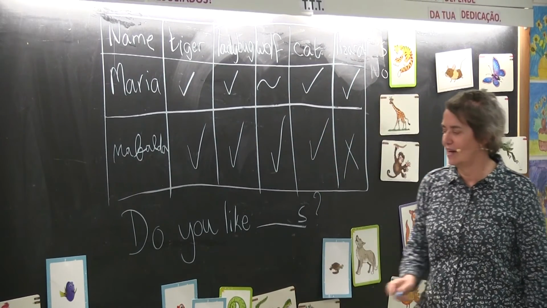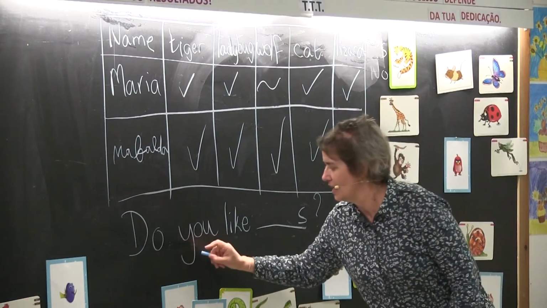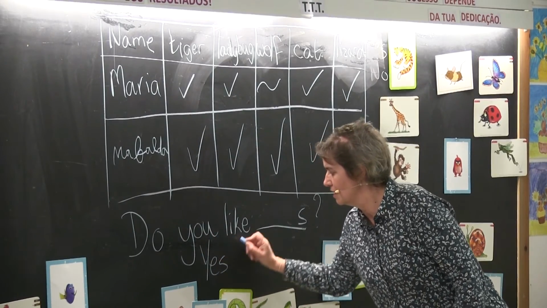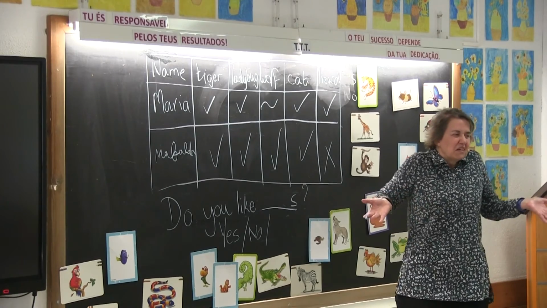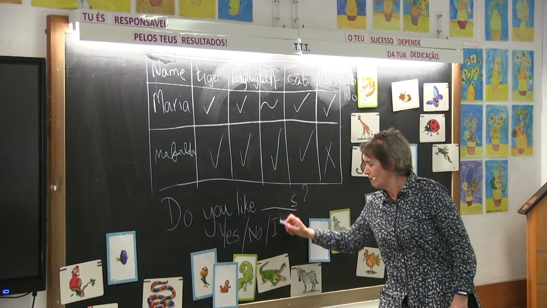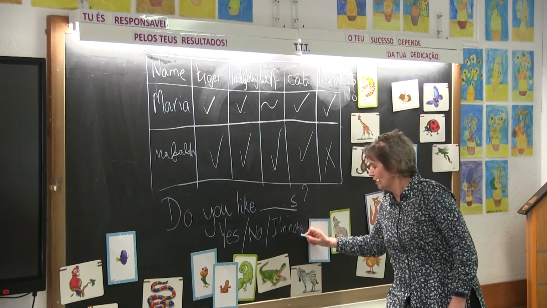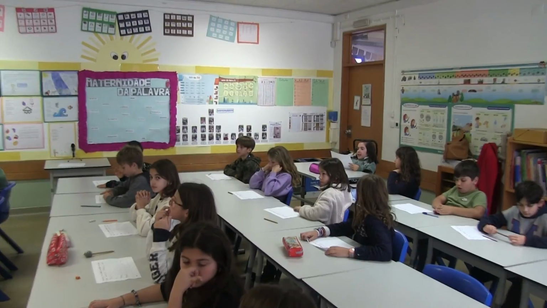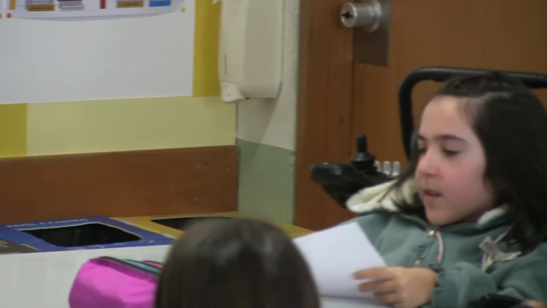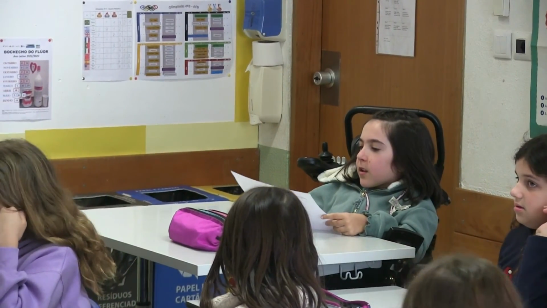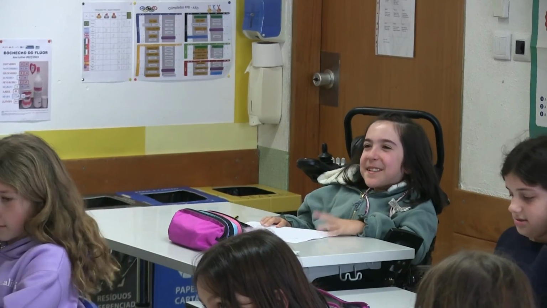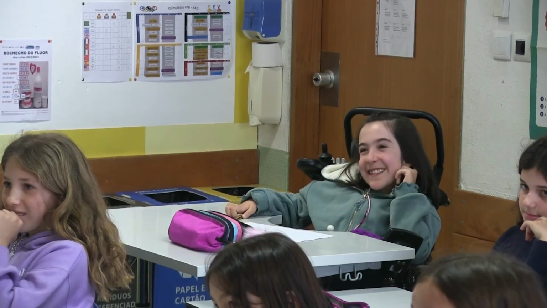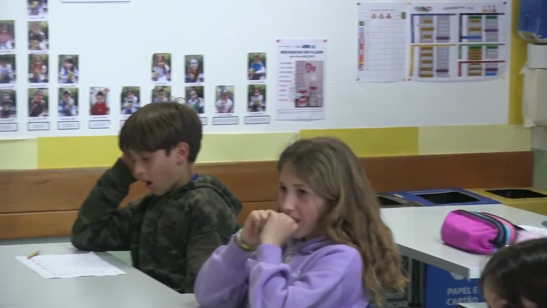Do you like, all right. And then the answer, yes, no, or I'm not sure. Okay, I'm not sure. What animals does Tomasz like? Fish, giraffe, and monkey. Oh, fantastic. Only 3. Right, fish, giraffe, and monkey.